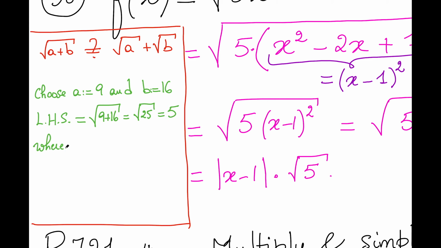Whereas the right-hand side is the square root of 9 plus the square root of 16. And square root of 9 is 3, and square root of 16 is 4, which is 3 plus 4 is 7. So left-hand side is 5, and the right-hand side is 7 for these choices of A and B. So the two sides do not match for these particular choices of A and B.